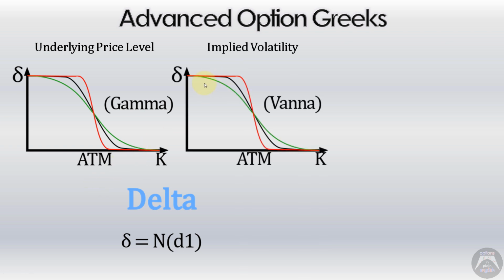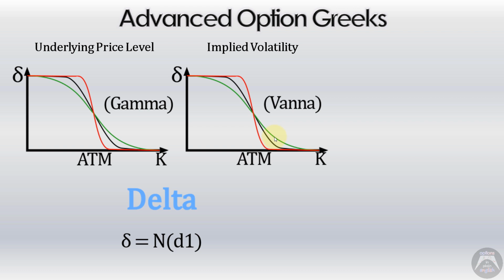Now, how does delta change with implied volatility? Well, if you have a lot of implied volatility, those deltas are going to be more spread out. Why? Because if you see here, for example, at this strike price, the ones that are out of the money, at this price, the one that has the most implied volatility has a certain probability of actually getting in the money, so the price going higher.